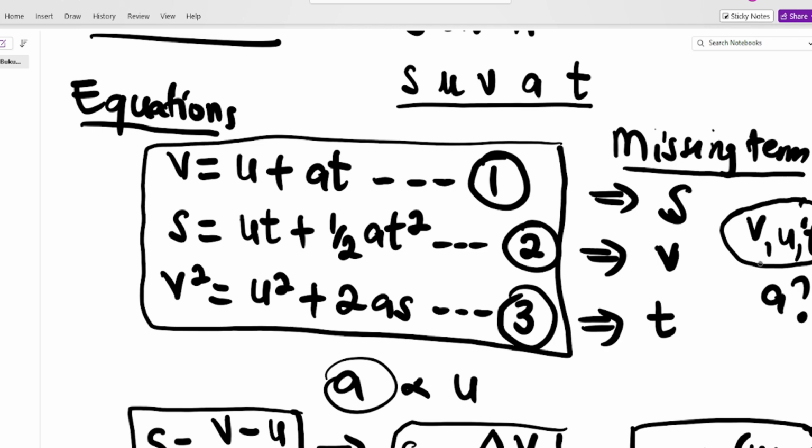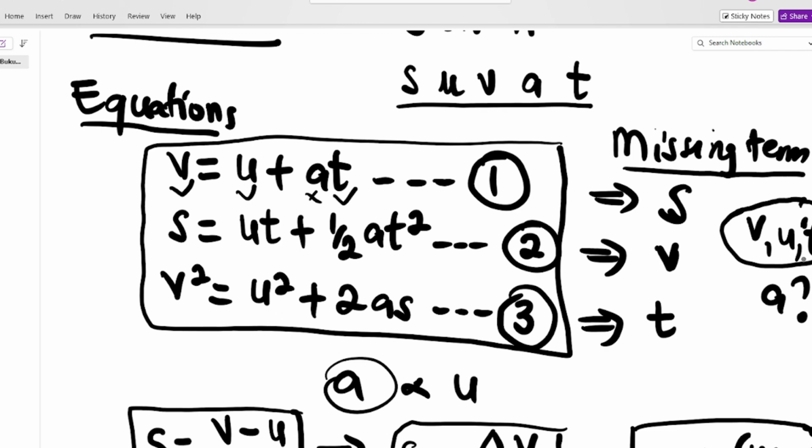For example, if they give us V, U, and T, for this first equation, V is given, U is given, A is not given, but T is given. So it means that for this question, we can easily use equation one. So that's a technique for finding which of the equations to use.